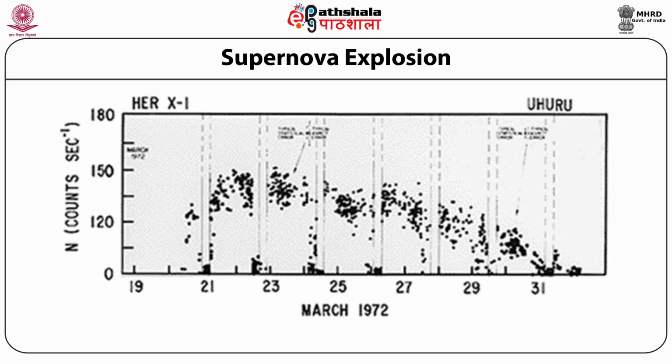It has been argued that many variable X-ray sources, such as Scorpius X-1 and Hercules X-1, as shown in the above figures, are binary systems in which one component is a neutron star. The neutron star spins very fast, approximately once per second.